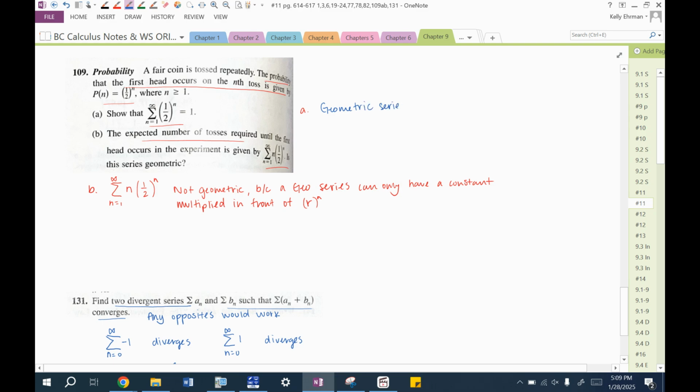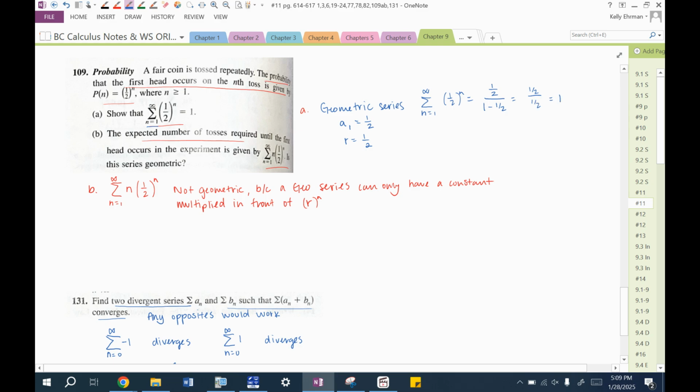And I know it's a geometric series with a1 equaling 1/2 because it says to start at 1, and r is equal to 1/2. So the sum has to add up to a1 over 1 minus r. This is 1/2 over 1/2, and that's equal to 1.